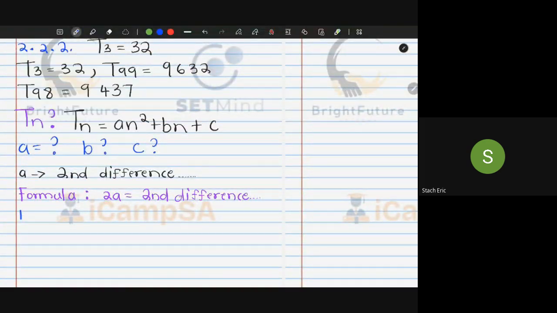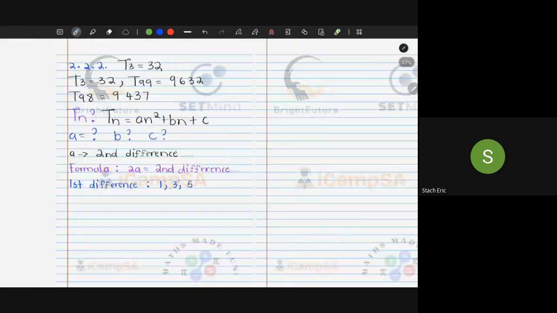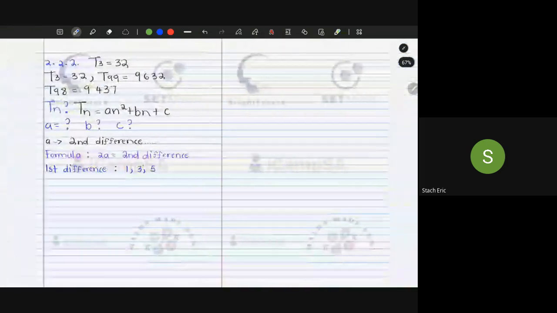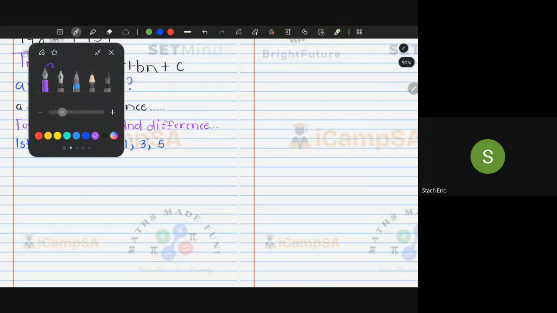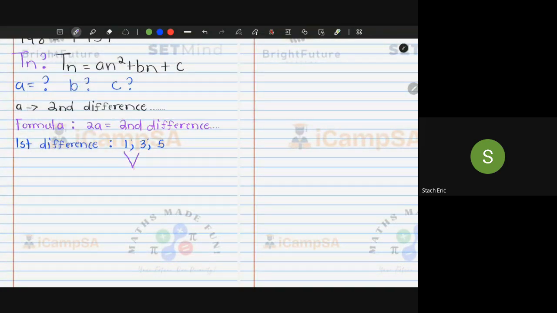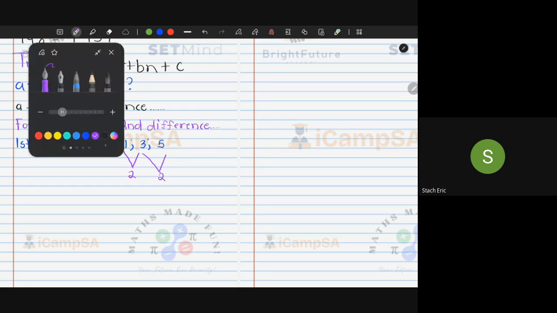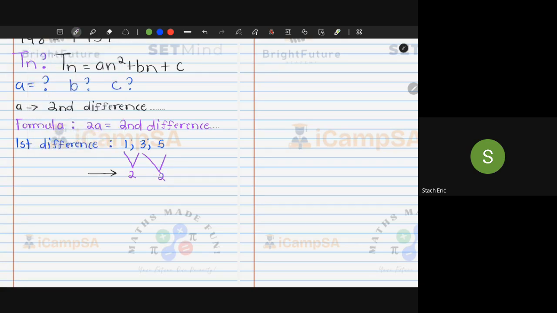In our problem, if you remember, we were given the first difference. And that first difference was 1, 3, and 5, I think. Yep. So when we take the difference here we get 2 and 2, and what we then get here is what is called the second difference.